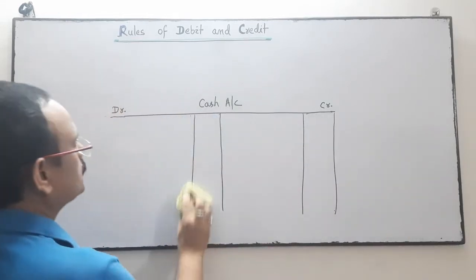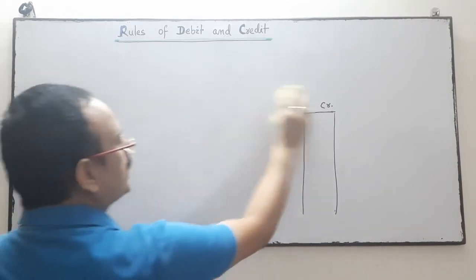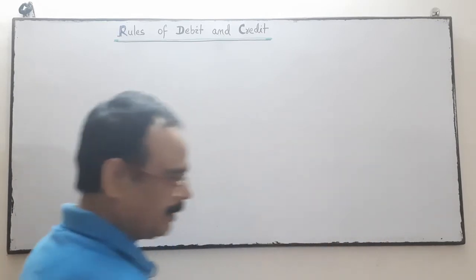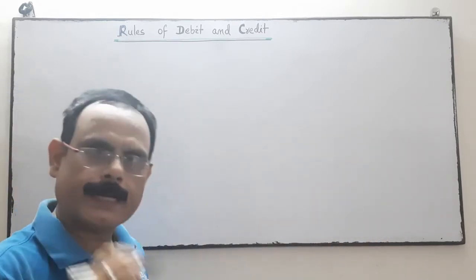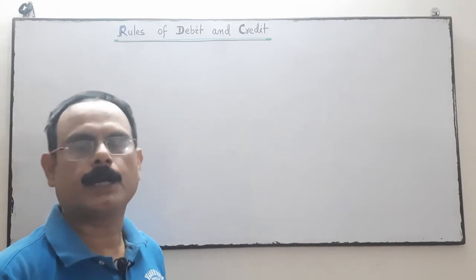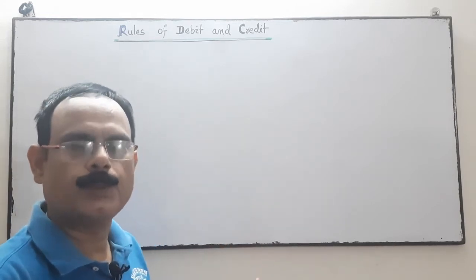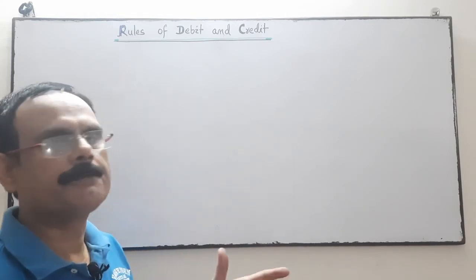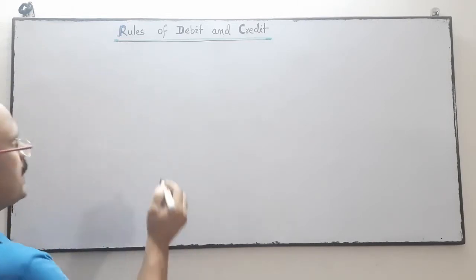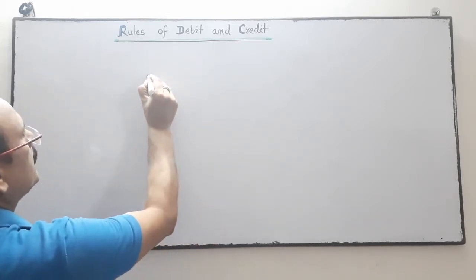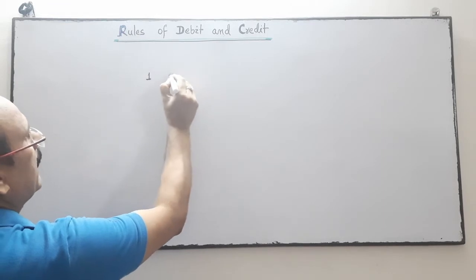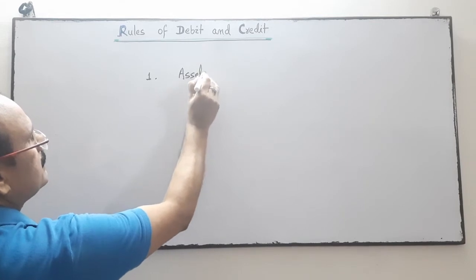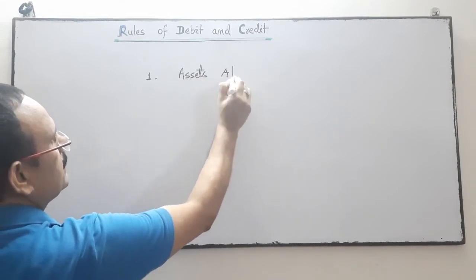Now rules of account. Which account will be debited and which account will be credited by us? According to the nature of the account, we classify the accounts under different categories. Number one is assets; all assets come under the assets account.